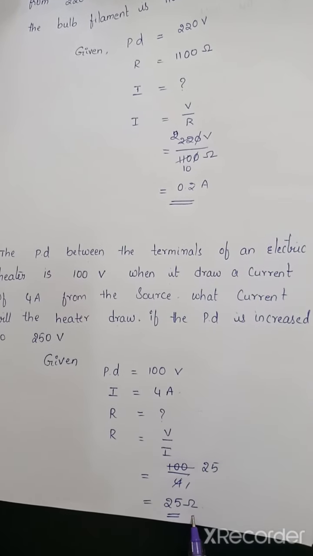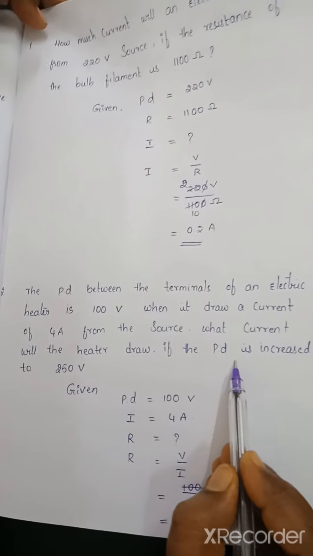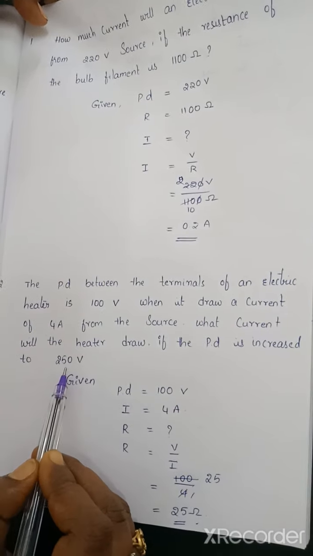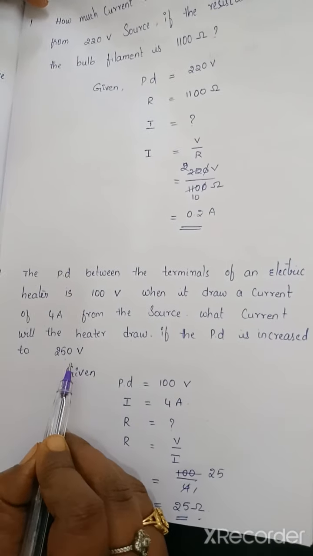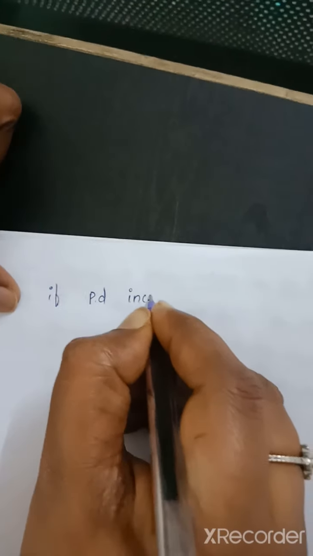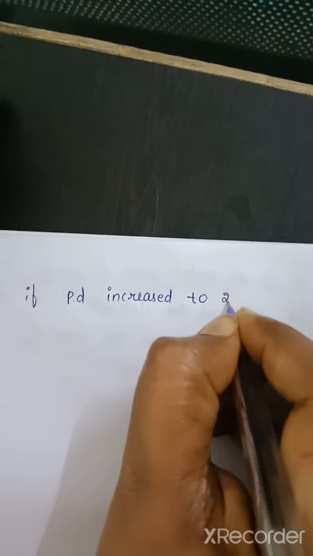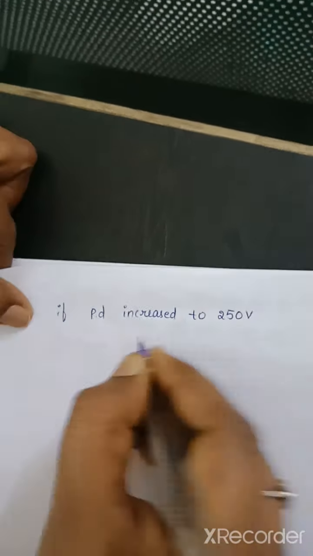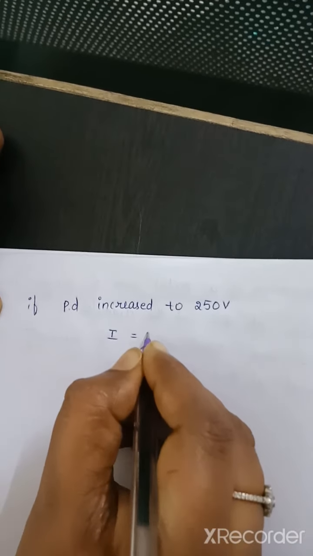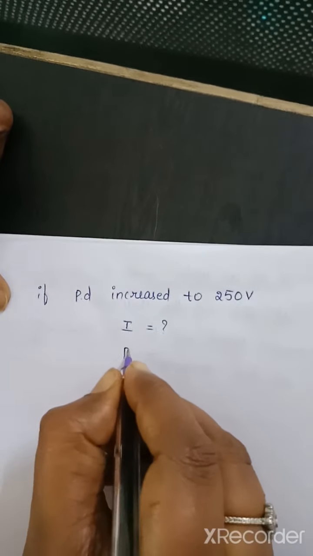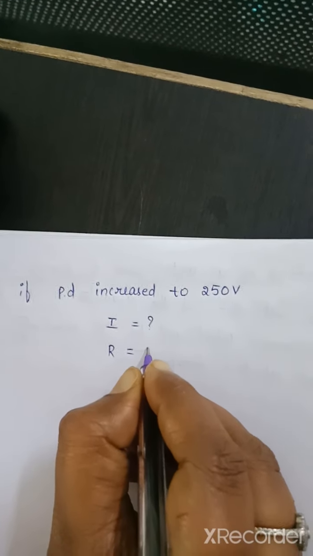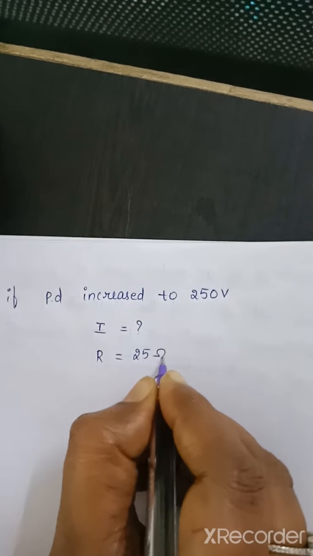And here in the extension of the question, if the potential difference is increased to 250 volts, what will be the current? Just now we have found that the resistance R equal to 25 ohms.